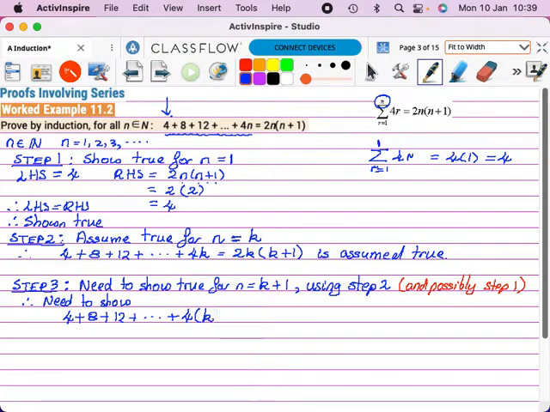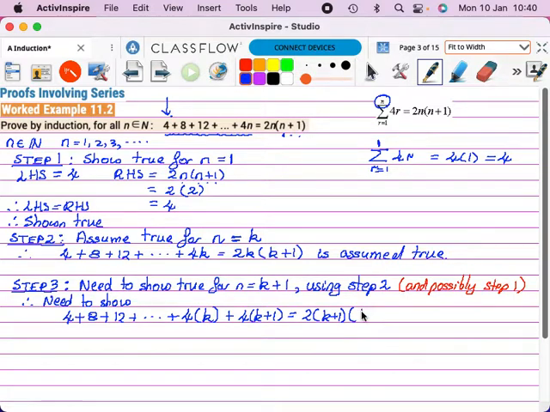This was the one before, 4k, plus 4 on k plus 1 is equal to 2, open bracket, what is n equal to? k plus 1. What is n equal to here? Well, it's k plus 1. Well, what's k plus 1 plus 1? Well, it's k plus 2.